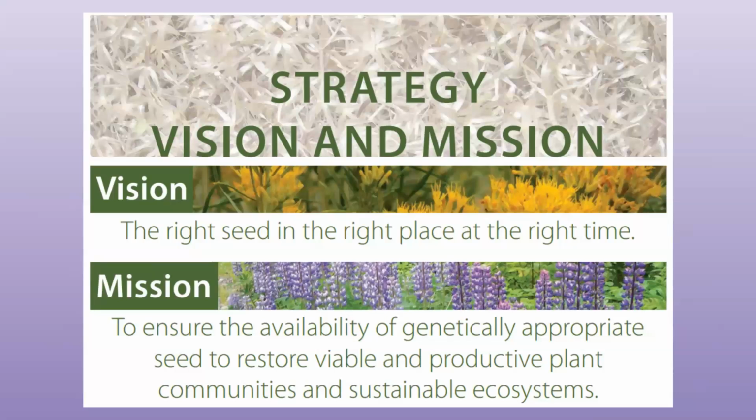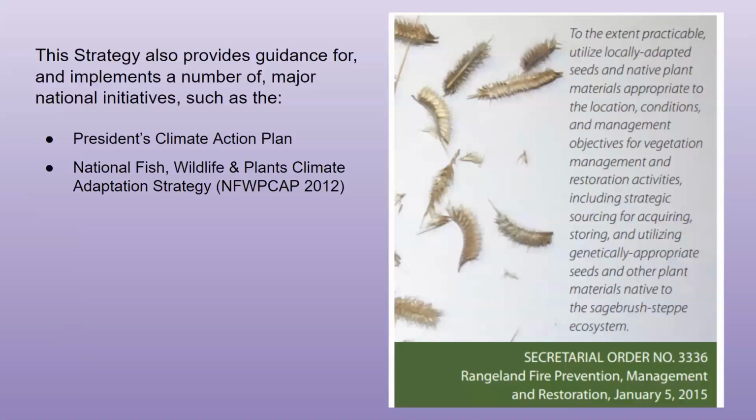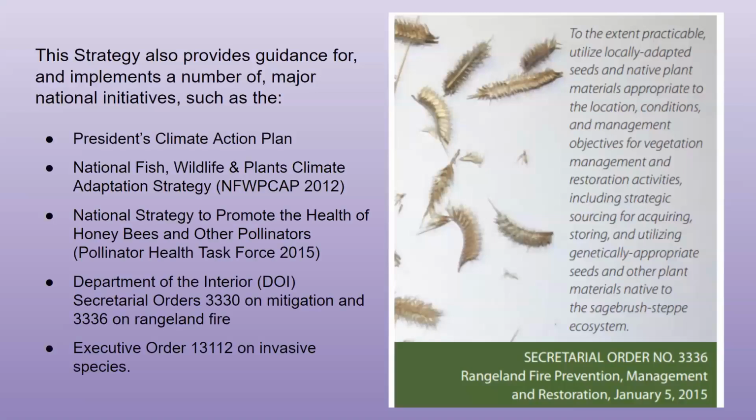We have seed transfer zones that take into effect climate and elevation factors. So through these next few slides, I just want to really point to the fact that these are the first pieces of legislation that use the words native plants. Really, we had never seen that in our first generation public lands management.